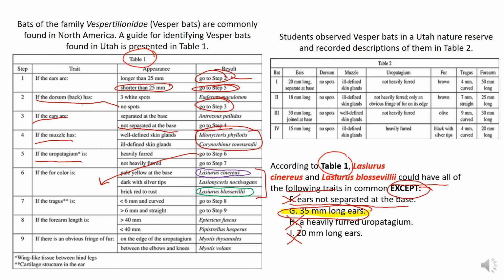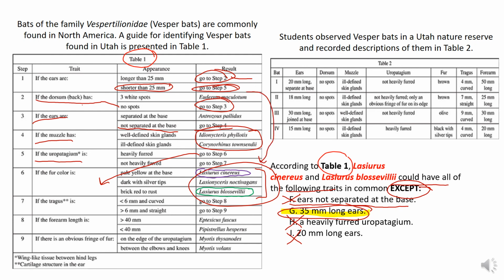And how did that make sense? So when we did the steps, so 20 guides us all the way down here to find the name. So we have all those in common. Now the ears being separated, some of it we can skip steps, but remember we're going to skip all the way to step 5.